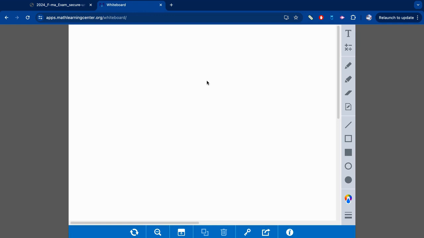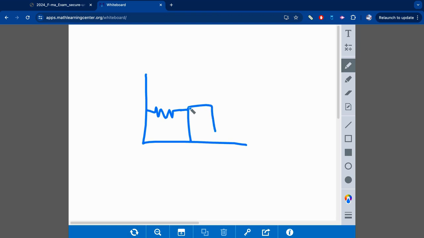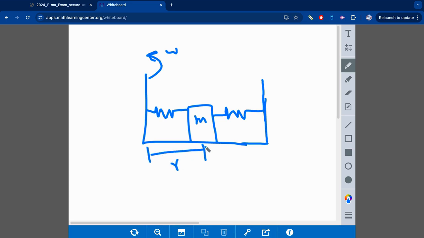So the way to do this problem is you realize that the springs must be providing the necessary centripetal force in order for the block to rotate about this axis at a constant distance r.